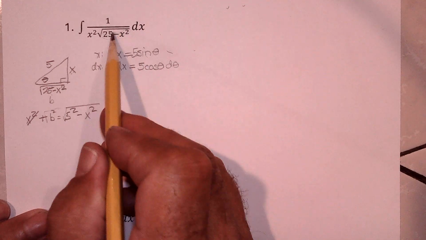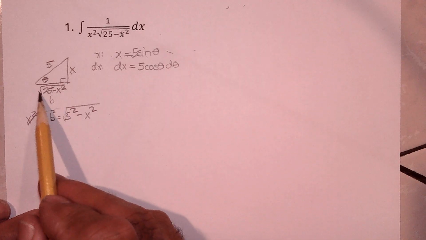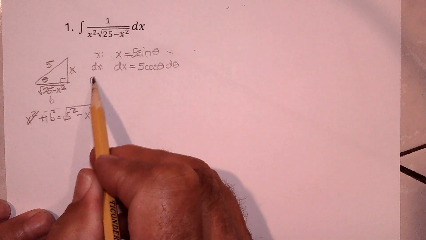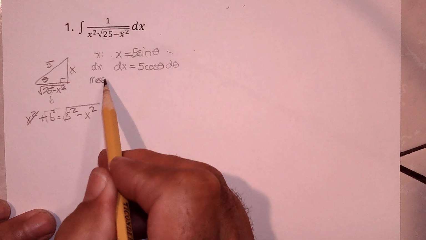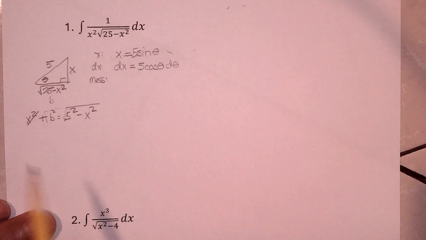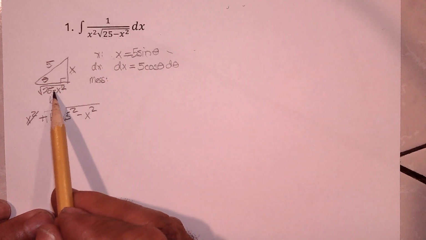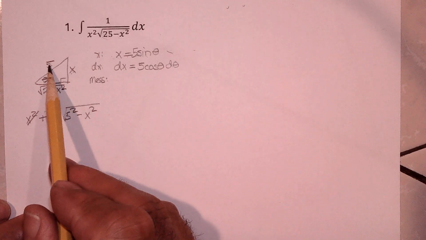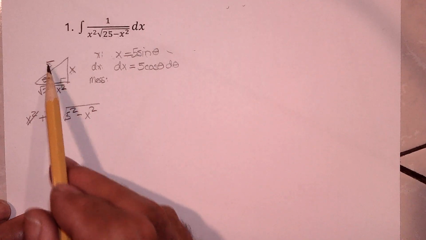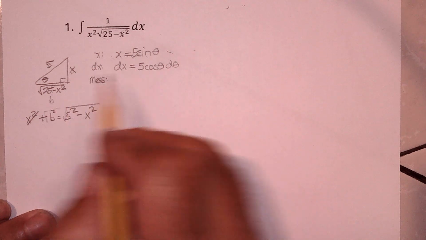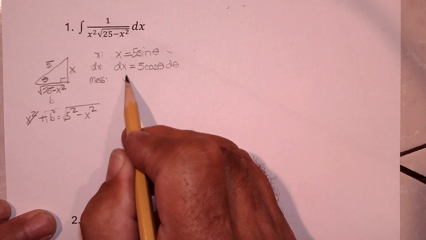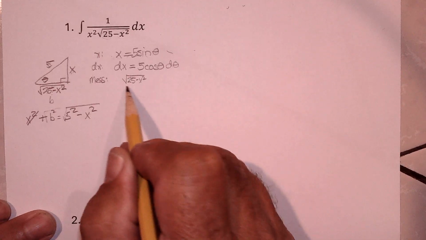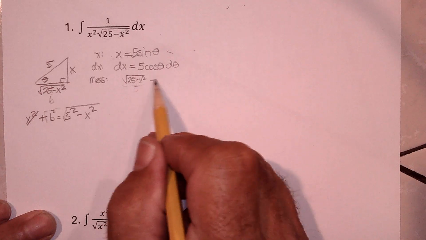And then we have this square root thing, and I want the simplest expression for it. I just call this the mess, the hard part of this integral. This is simpler with a 5 than it is with an x, so I'm going to go with the square root of 25 minus x squared over 5.